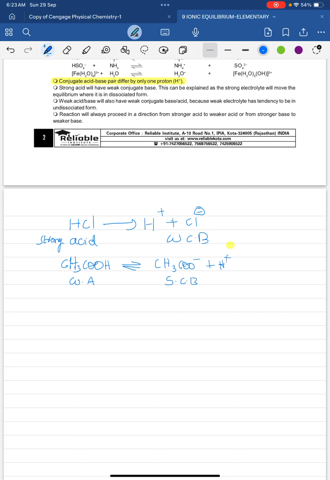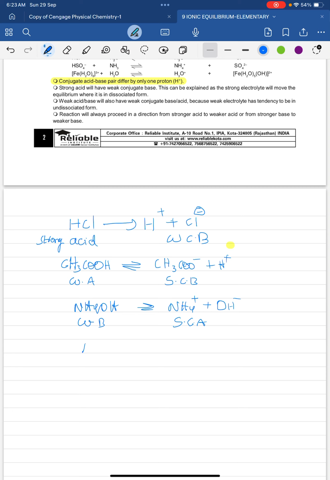For example, you can choose NH4OH. It will dissociate into NH4 plus and OH minus. We can say it is a weak base, so it is going to be a strong conjugate acid.